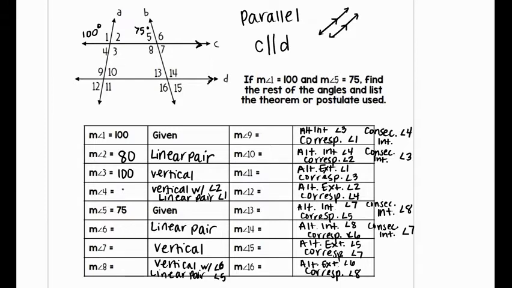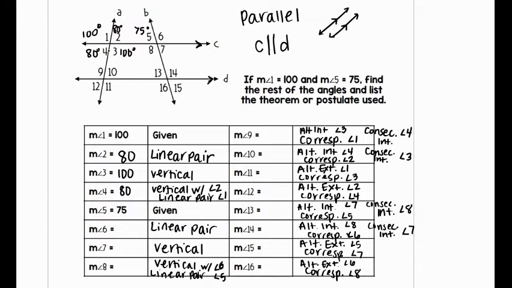And then angle 4, I know it's vertical to angle 2, so it'll be congruent, or I know it's a linear pair with angle 1, and so it needs to add up to 180, and so that makes that 80 degrees. So each of those are now able to be filled in on our diagram. And we're going to use those to help us keep going.